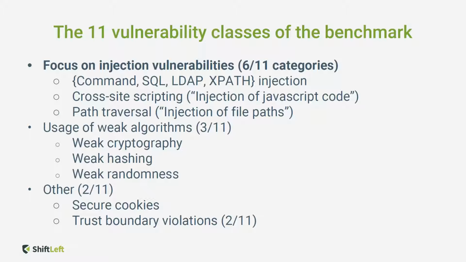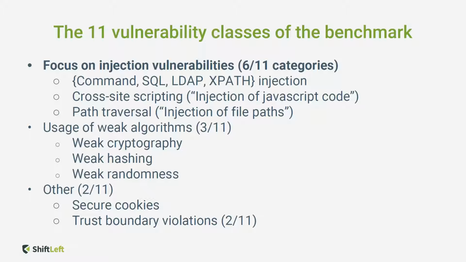So you will find command injection vulnerabilities, SQL injection, LDAP, XPath injections, and then there's Cross-Site Scripting and path traversal. And in a way, at least from a program analysis point of view, these are also injection vulnerabilities. In the one case, somebody's injecting JavaScript code that will eventually be executed on the browser side, and in the other case, you are injecting file paths to essentially read files off the remote.